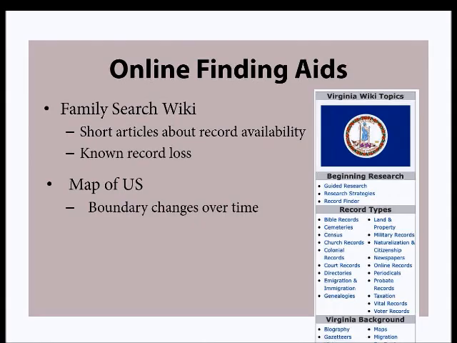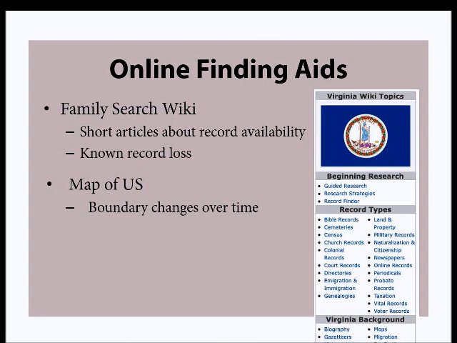Now, not every state has a guide such as the New York Guide or the New England Guide, but do not despair. There are FamilySearch research wikis. These research wikis are short articles about record availability, and I find them very helpful because they also identify any record loss in a particular town.